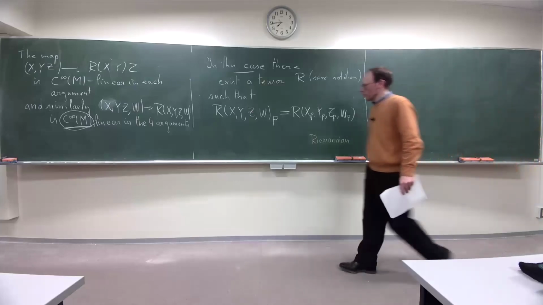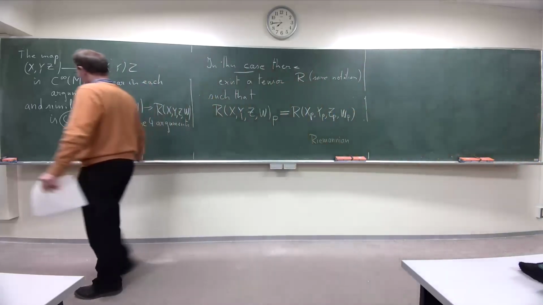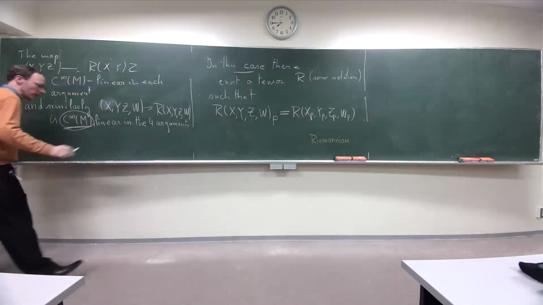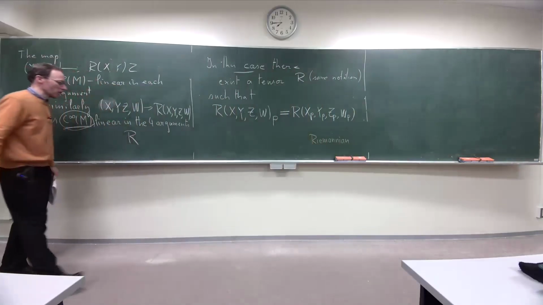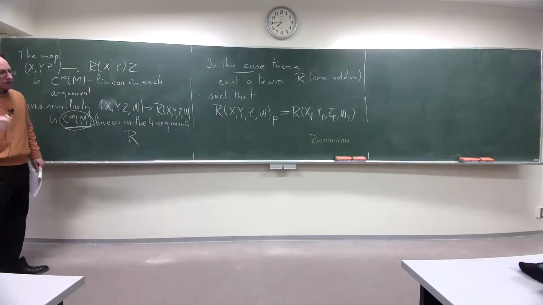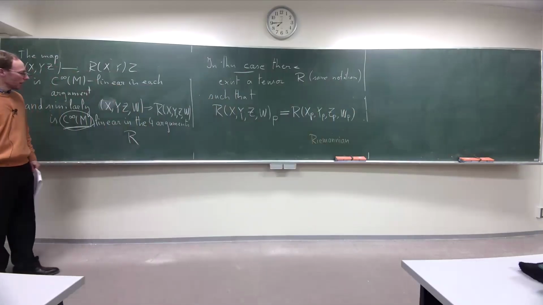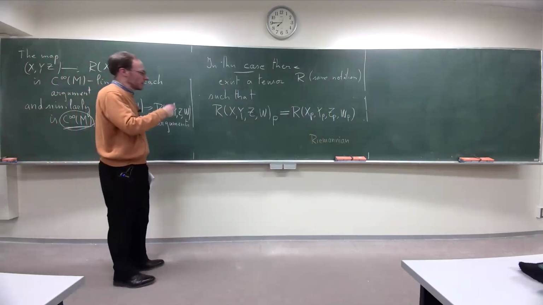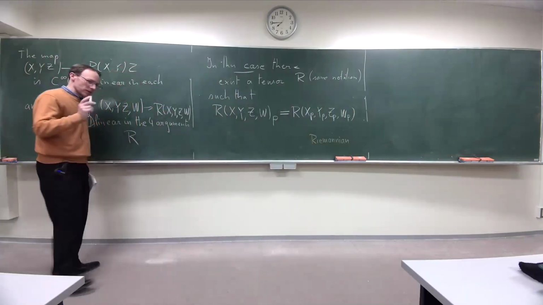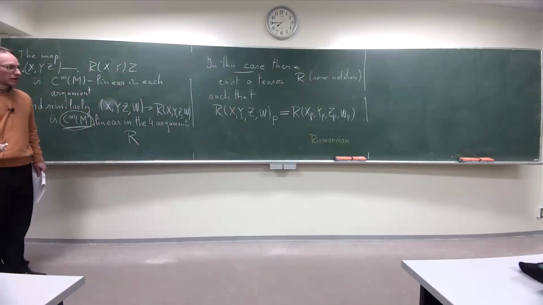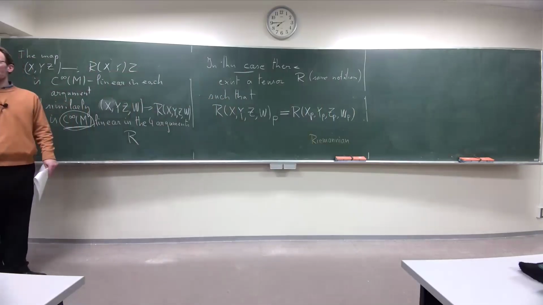So if we summarize, we had the notion of curvature of a connection. It has a certain definition. Then we have seen the Bianchi identity, which, when the connection is torsion-free, gives a certain equality.